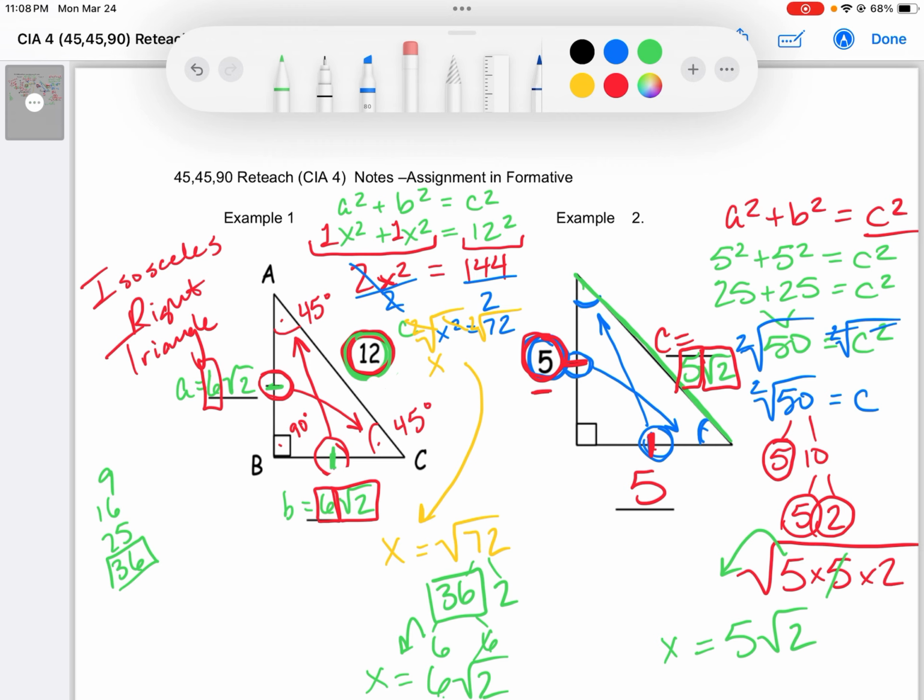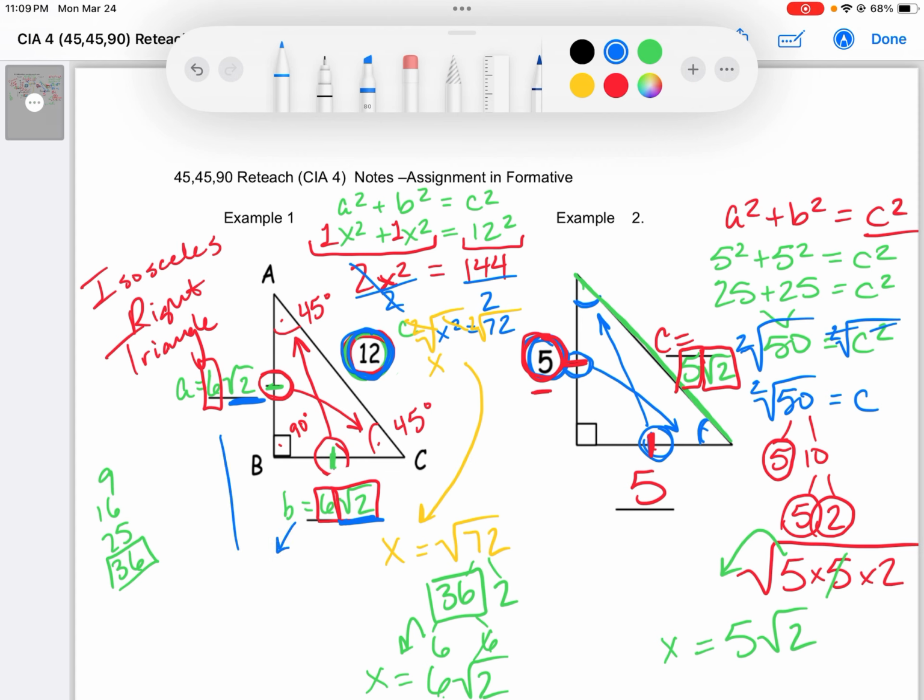So when they give us the hypotenuse and it's a whole number, that means the square root of 2 somewhere along the way was canceled out.